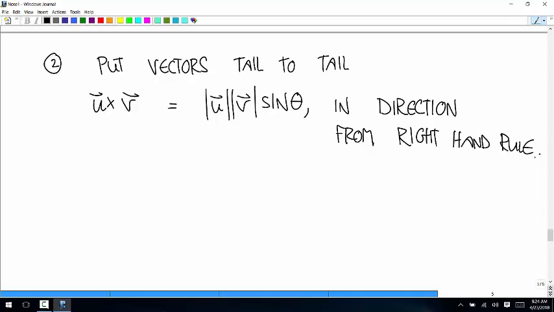Okay. So say that's your vector u, that's your vector v. Start with your fingers in the direction of u and rotate them to line up with v, and your thumb points in the direction of the answer.